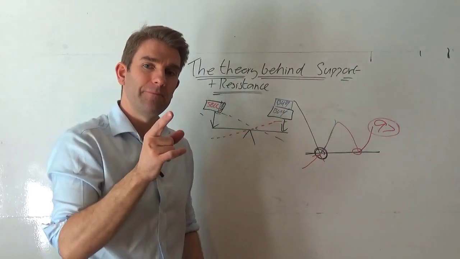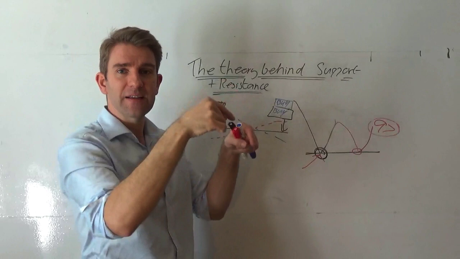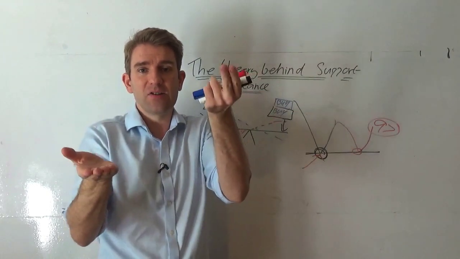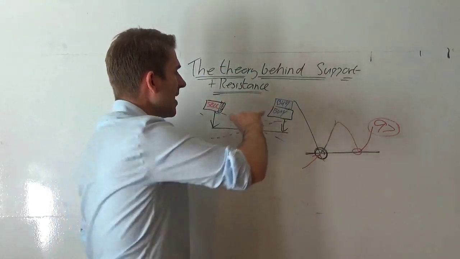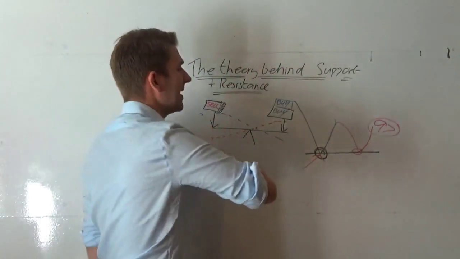It doesn't. But one final thing, guys: there are two ways of affecting one shift in the seesaw of supply and demand. If you get both, and this is when you get these extreme rip moves from levels, you're going to get a double whammy.